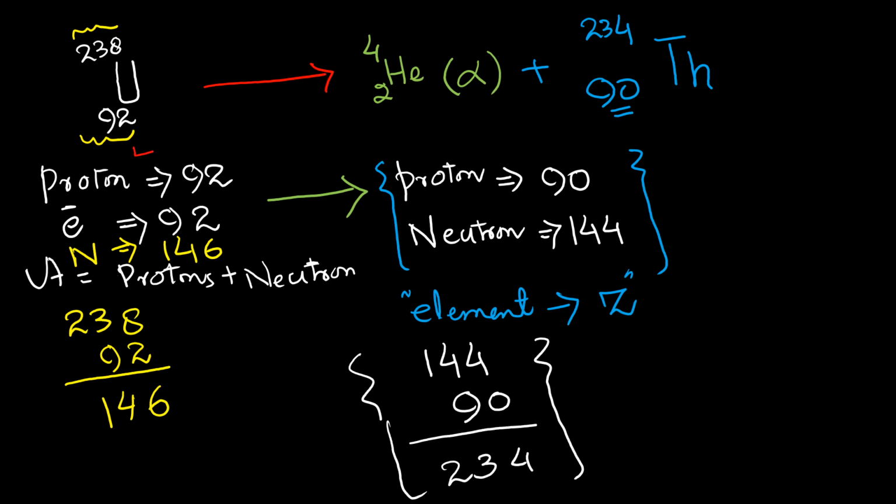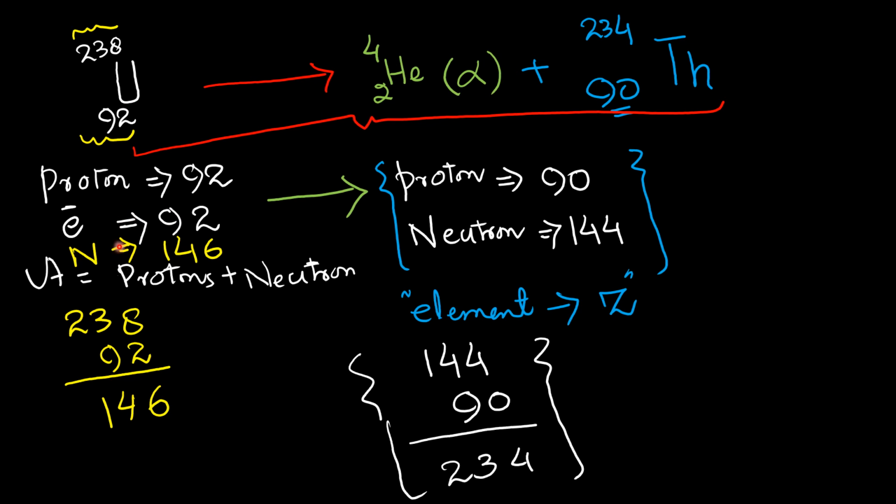So the number of protons and neutrons in this reaction will be balanced. If we consider the left side of this equation, we have 92 protons. On the right side, an alpha particle has 2 protons and thorium has 90 protons. So 2 plus 90 becomes 92, and the number of protons on the left side equals the number on the right side.